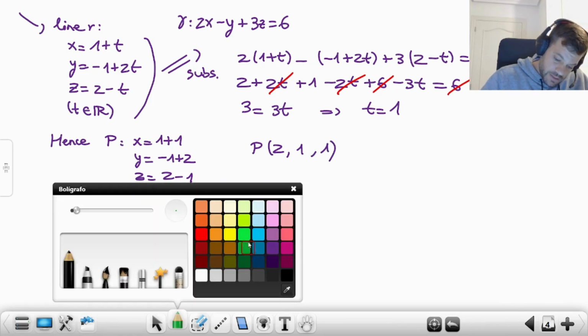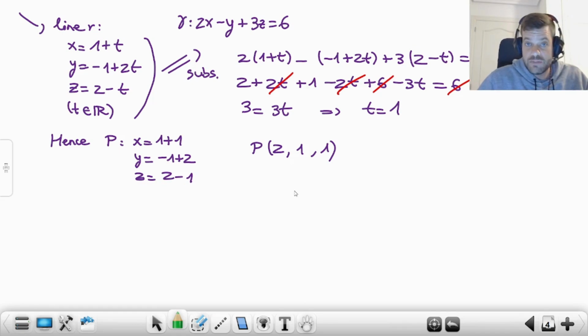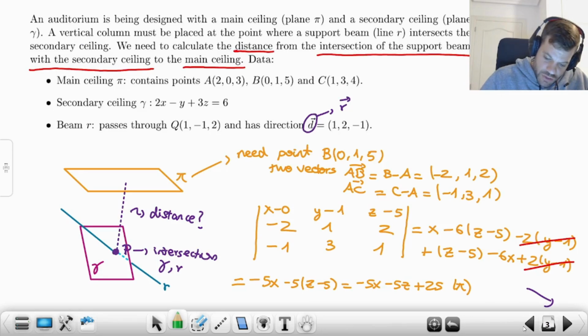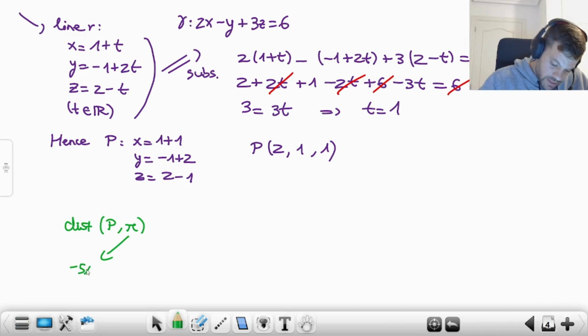Finally, according to the formula of distance between points and planes, the distance from point P to plane pi, since pi was given by the equation minus 5x minus 5z plus 25, which looks like a times x plus b times y plus c times z plus d equals 0.